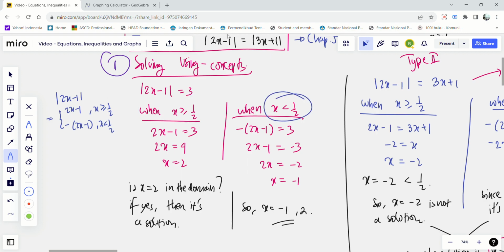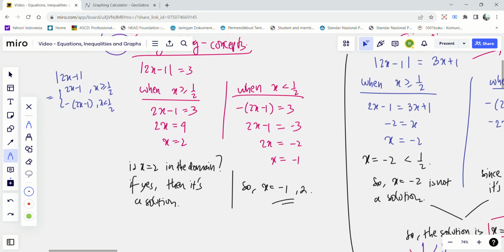And when x is less than half, consistent with this as well, right? So when x is at least half, I still use 2x minus 1, and here it's the negative of it. And then you solve it as per normal linear equations, and you get x equals 2 and x equals -1.